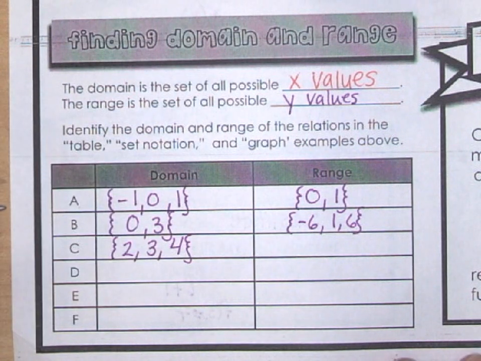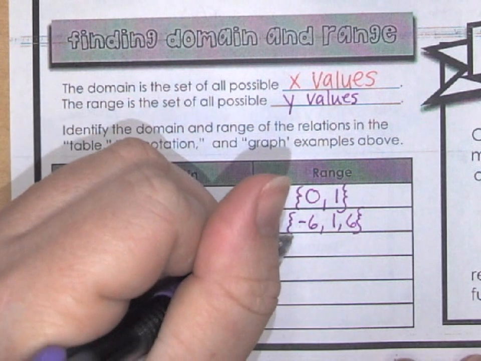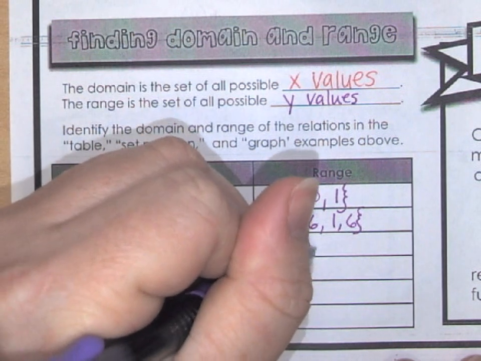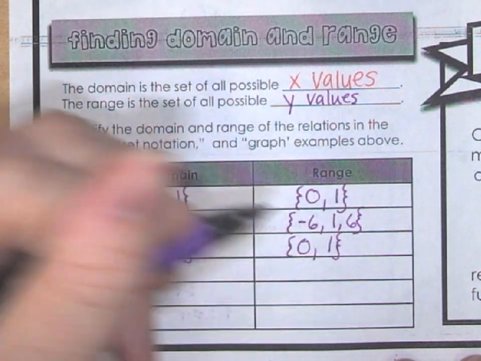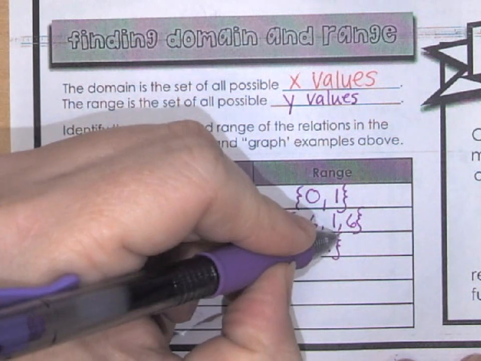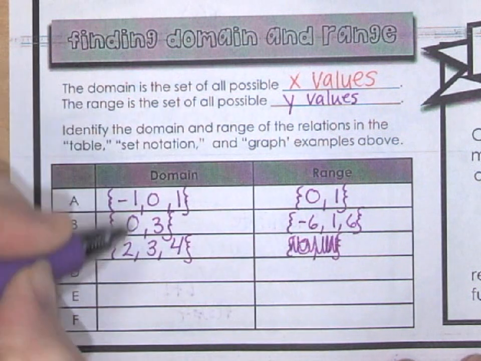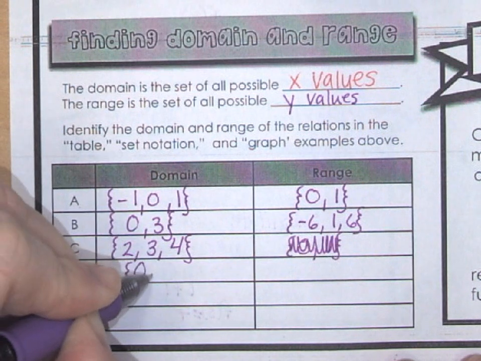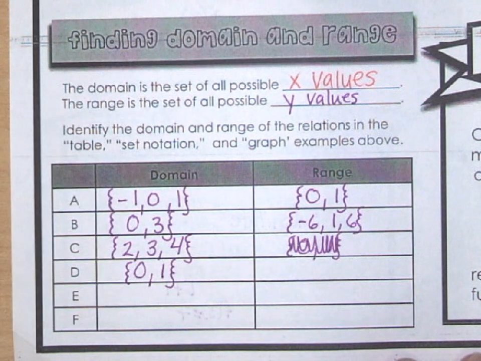And then for D, we have 1, 0, and 1. So my domain, or my range values, are going to just be the 0 and the 1. I apologize. That is for D, not the range. This is why we use pencil.